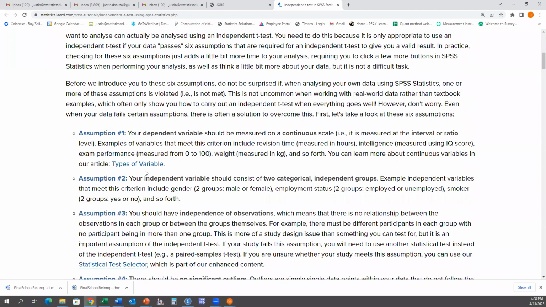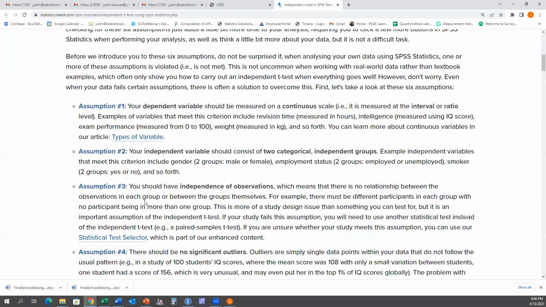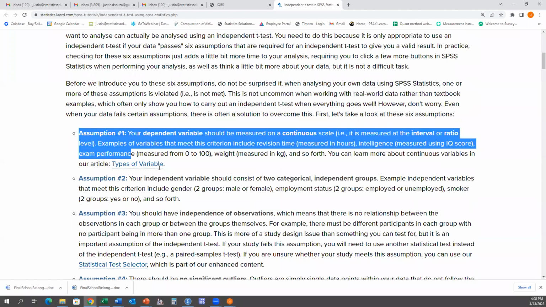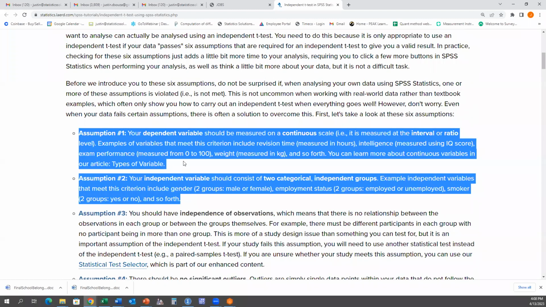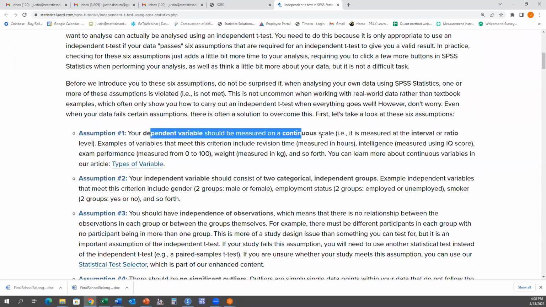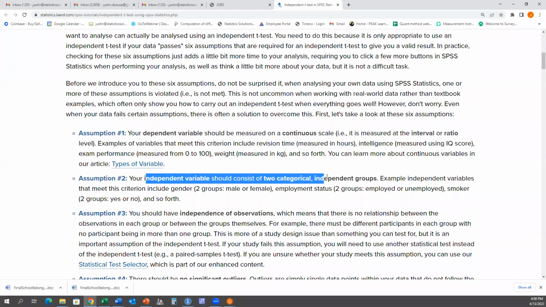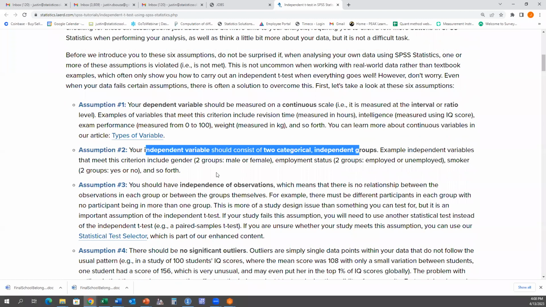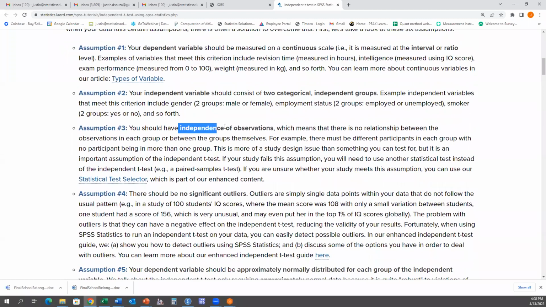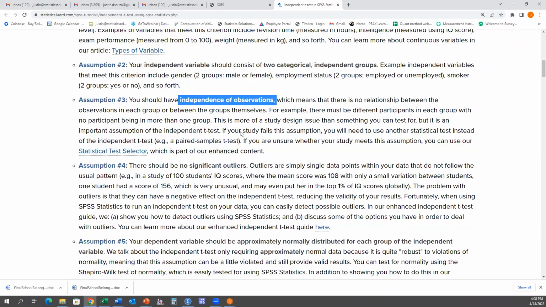And we can see, I think sometimes they go a little overboard with listing too many assumptions, but these two are very important. You need to have a dependent variable that is continuous. You need to have an independent variable that has two groups. You can't have overlap. That's basically what this is saying. Independence of observations. You can't have participants in more than one group.